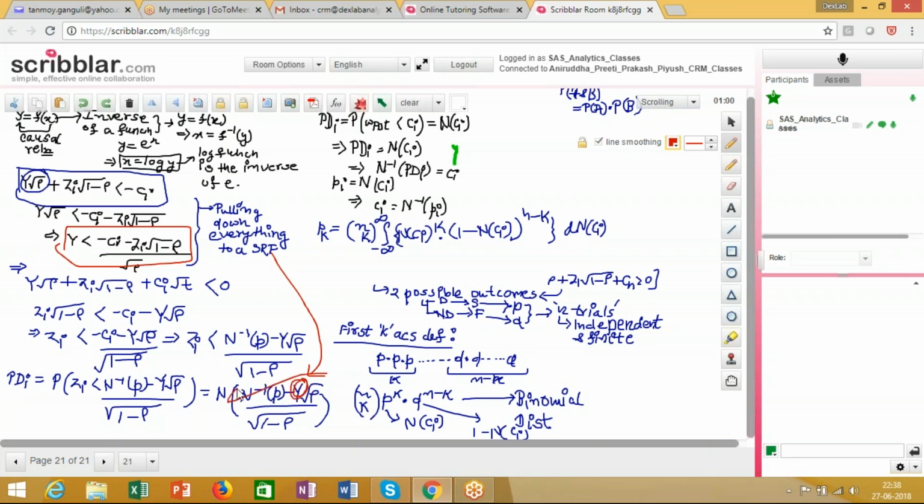Now if I put all these values over here, you will see that the entire portfolio level probability of default is also a function of one single factor. And that is why we call it a single risk factor model.